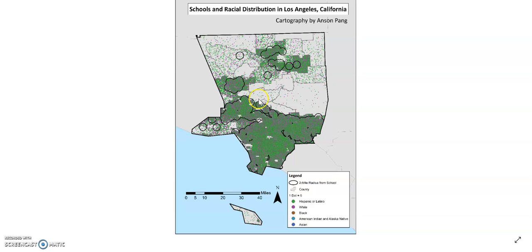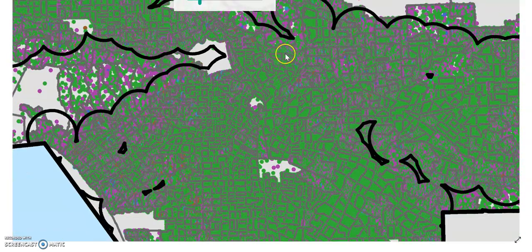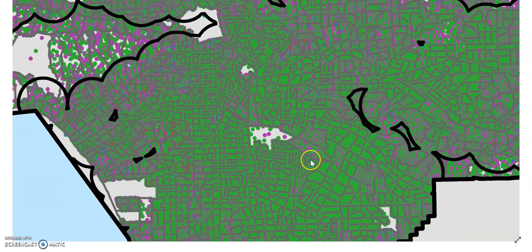So I have made two dot density maps for Los Angeles County and Merced County in California to examine race and the distribution of schools. I've used a dot density because I was more interested in the racial makeup of the area.